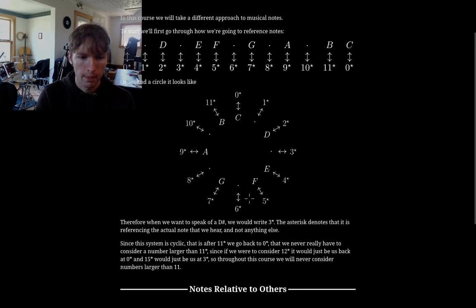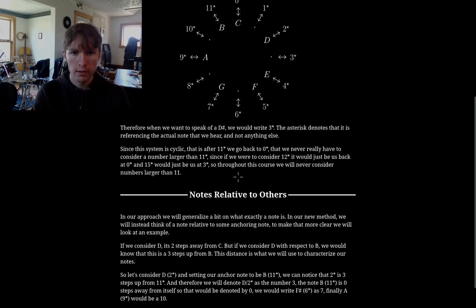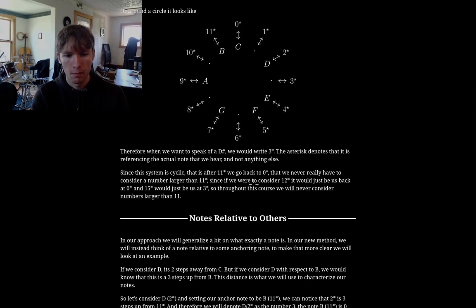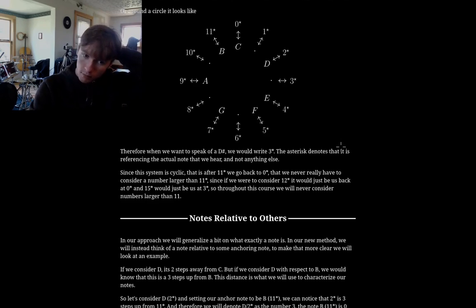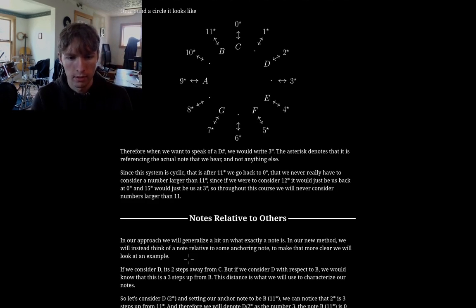Now we're going to get into the main part of this article. We have notes as numbers, so what? What can we do with that, and what is the benefit of being able to do that? In our method, when we think of a note, we're not going to be thinking about it by its name.